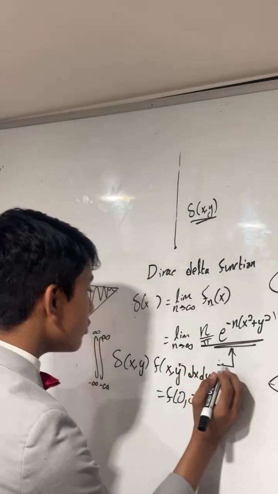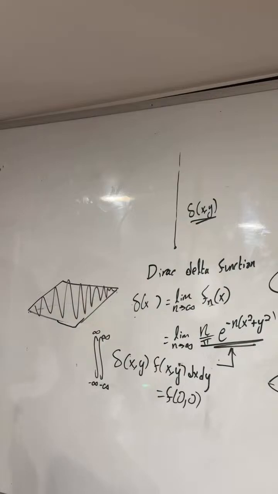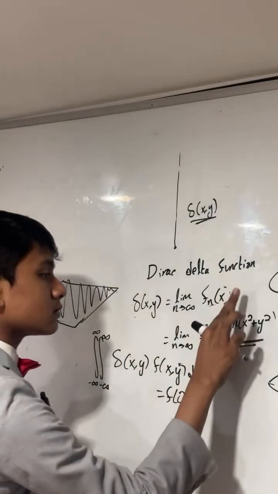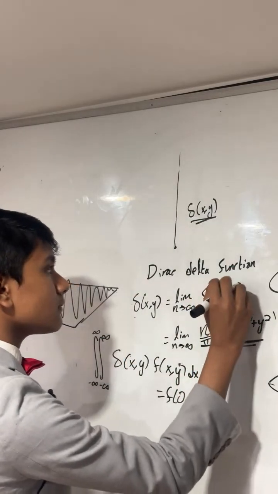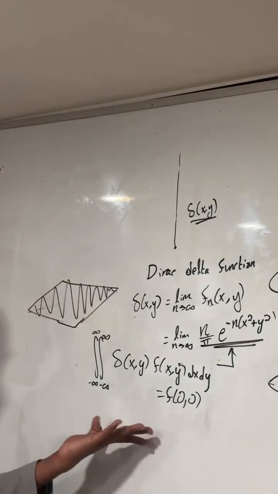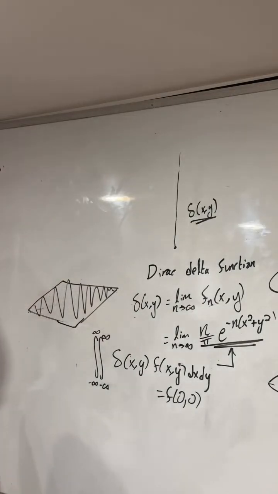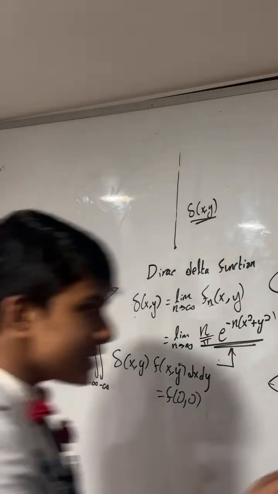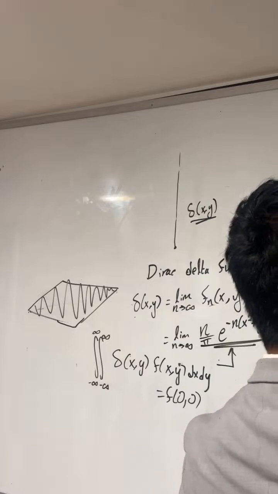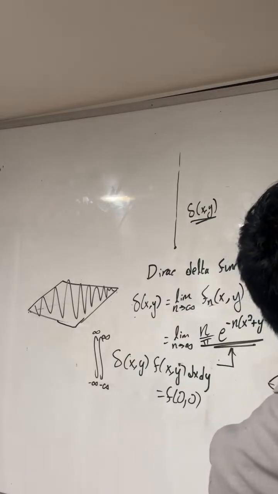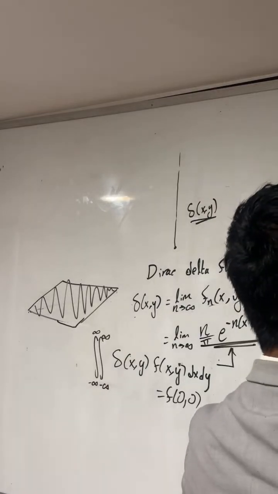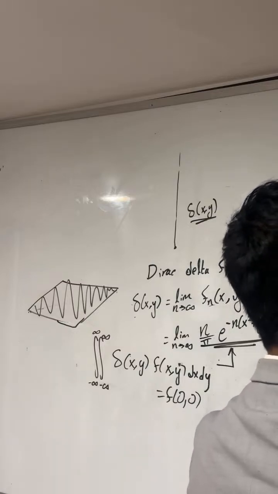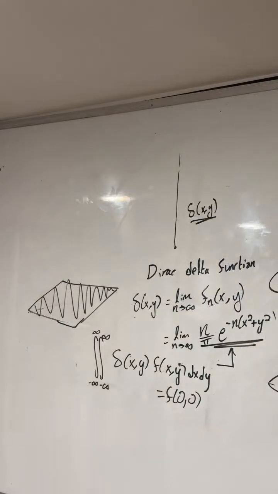Alright, so we now know what the Dirac delta function is. Now we need to figure out what that has to do with point vortices. Well, the vorticity field given some point vortex can just be described, if our point vortex is currently at (a, b), as that Dirac delta function offset by (a, b).